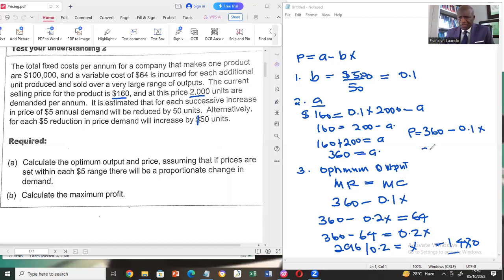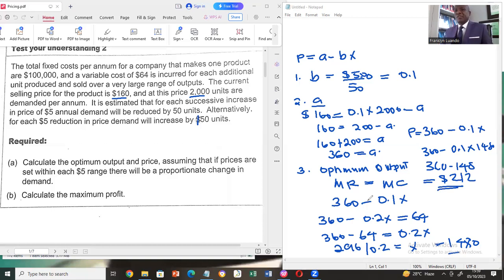So 360 minus 0.1 multiplied by 1,480 will be 360 minus 148. So the selling price there to maximize profits will be 212. Are we together there?